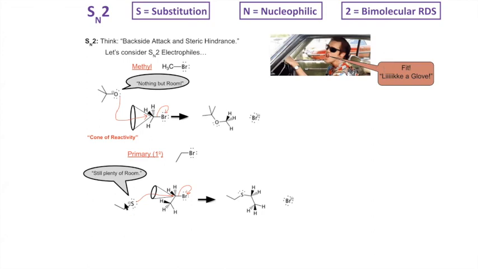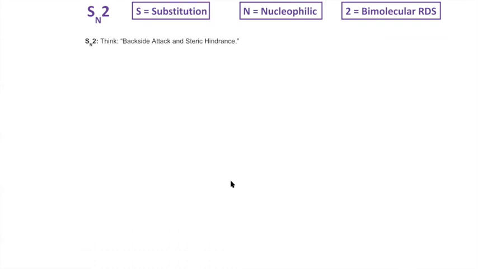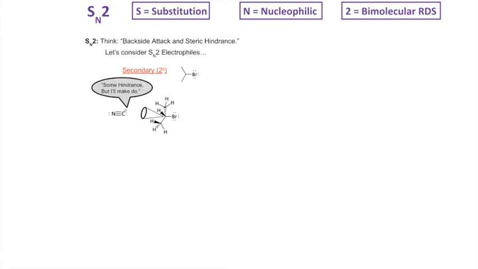So like a glove, it fits in there. And then now, secondary electrophiles. Will it react? Will secondary electrophiles do SN2? Do you remember? They will react, but my cone of reactivity got smaller. Some hindrance there, but I'll make it work. Is cyanide a good nucleophile?